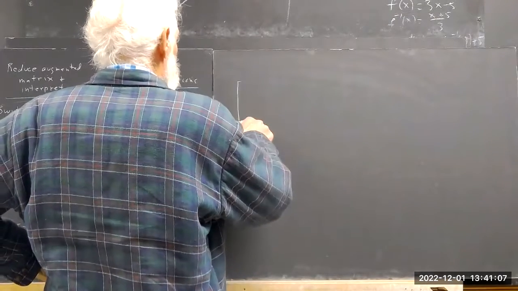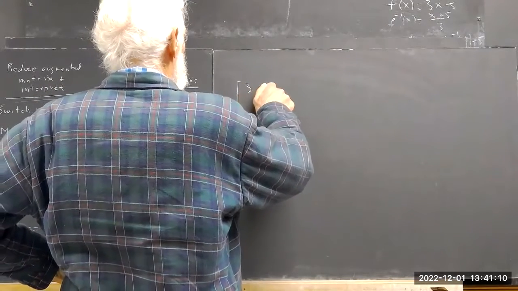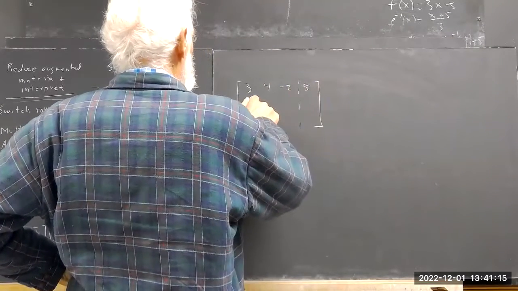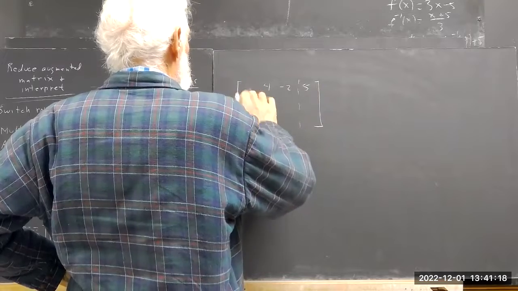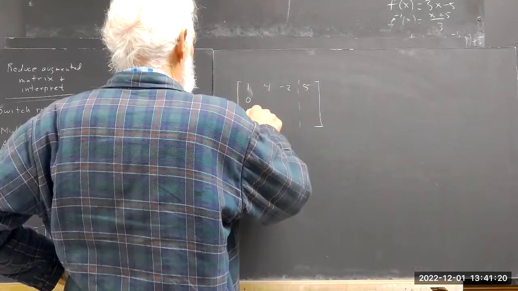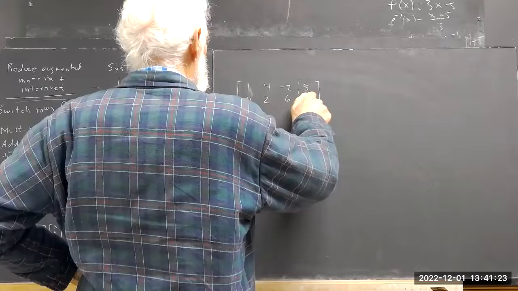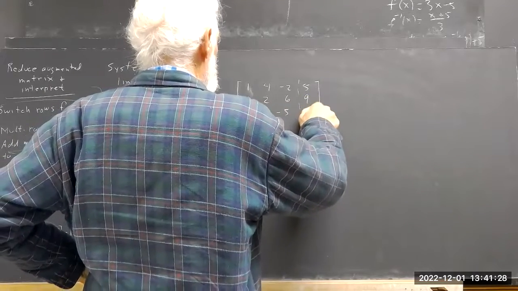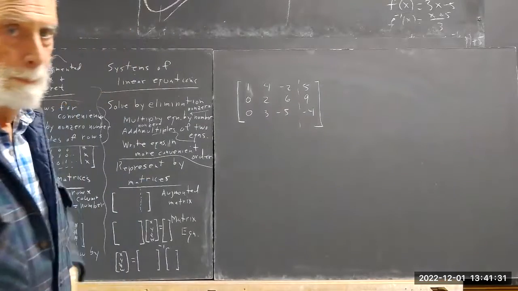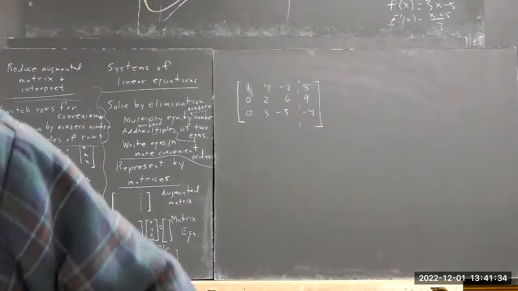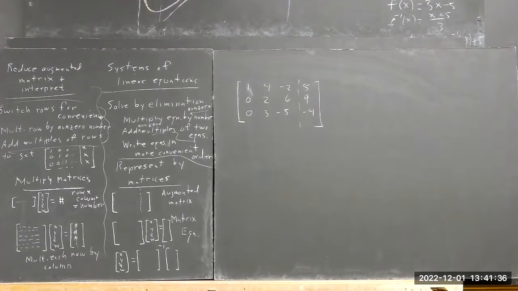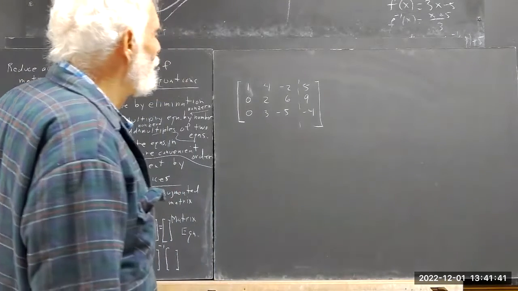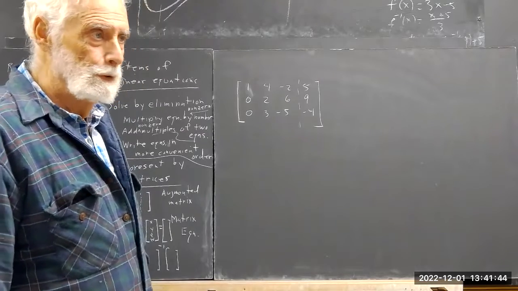I'm going to write down the matrix. I'll even put a 1 here. Now, I want you to write down that matrix and circle the next number in that matrix you need to work on.